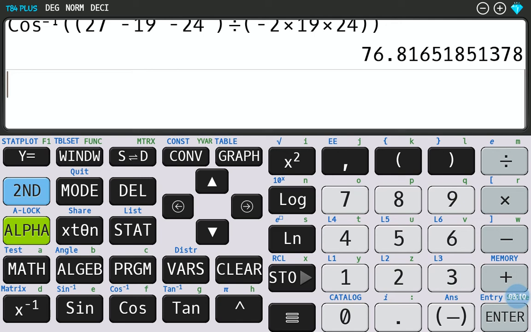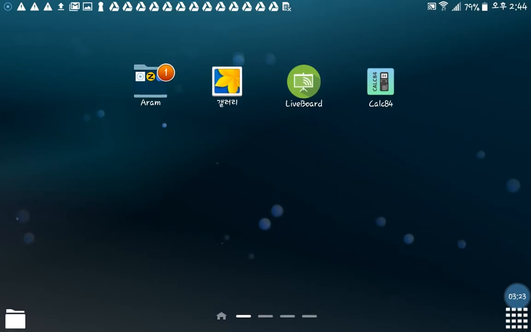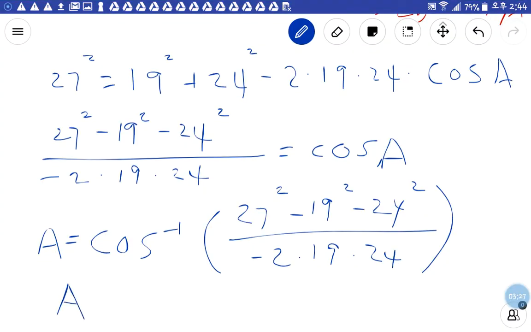They don't really give a direction, but in the book so far, they round all the questions to the nearest tenth, so let's follow that. So 76.8 is one of my answers.